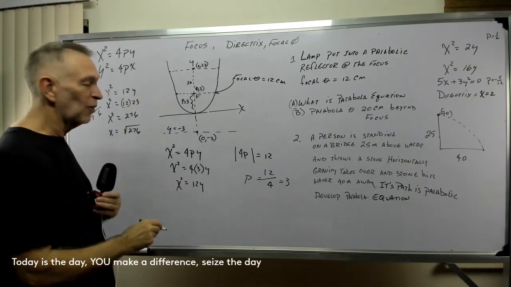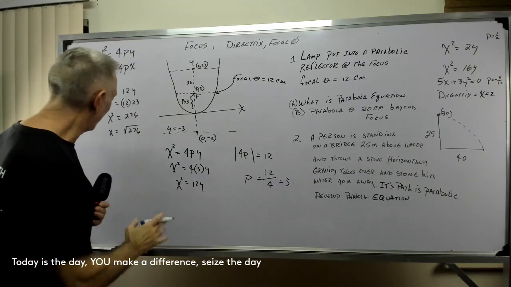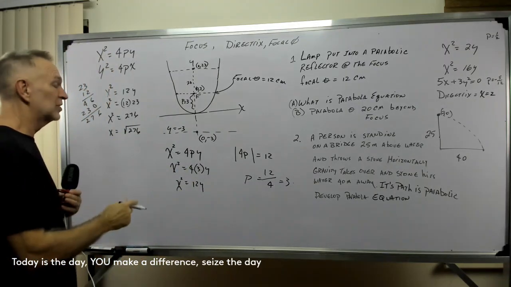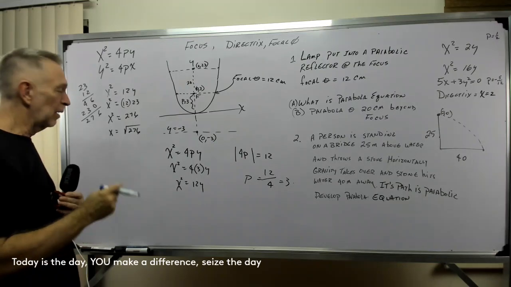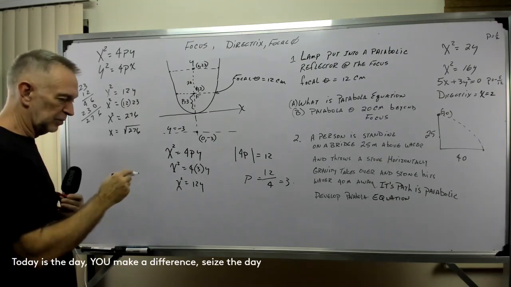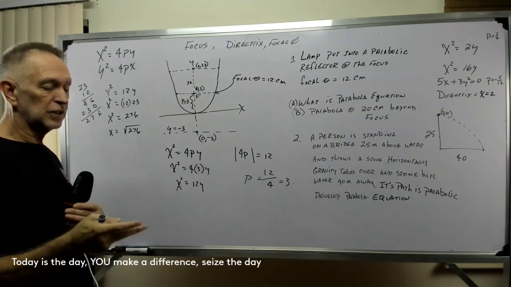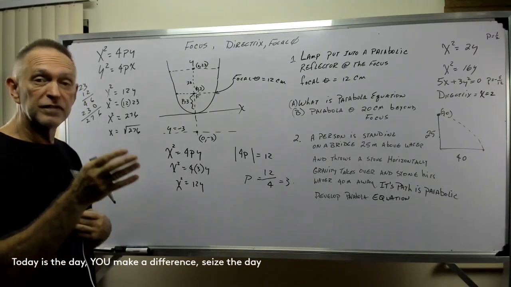Hey, do you want to go old school here? Why not? Let's do the square root of 276. Now we know that 15 squared is 225. 16 squared is 256.